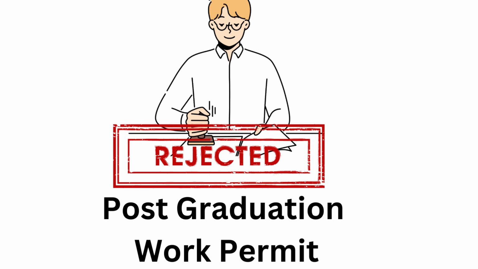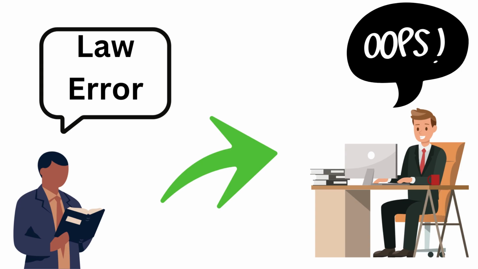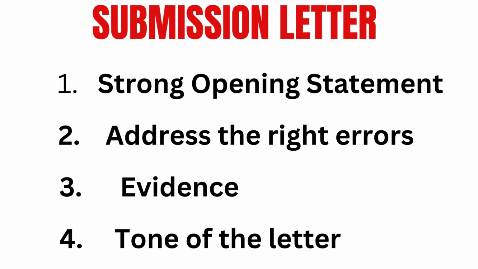However, the officer incorrectly interpreted the relevant law and rejected the application. Recognizing the officer's error, the applicant submitted a reconsideration request accompanied by a comprehensive reference to pertinent law, and ultimately the application was approved.